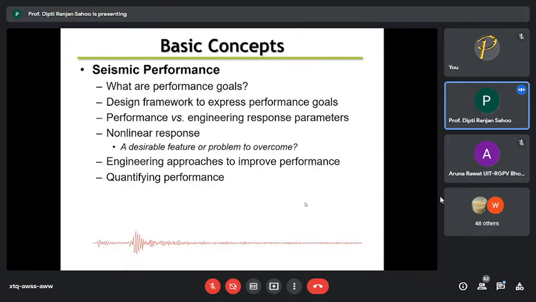The first question that arises from seismic, earthquake resistant design is: what are my performance goals? That means I am designing a structure, so what am I expecting from the structure when there is an earthquake? The basic answer to this is, I don't know, because I am designing a structure based on the elastic concept. If you follow IS 456, IS 1893, IS 800, for the design you have two mother codes, IS 456 for concrete and IS 800 for steel.